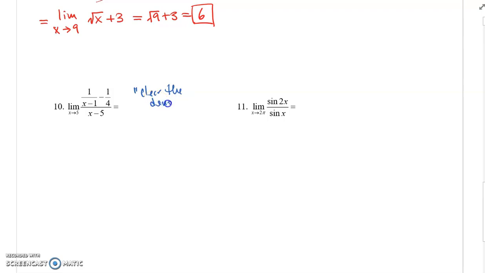There's a couple different ways you could think about it, but clear the denominators, okay. All right, so what I would do is I'm going to say that this equals the limit as x approaches 5. And what I'm going to do is take the big fraction and multiply the entire big fraction by something that will clear all little denominators.